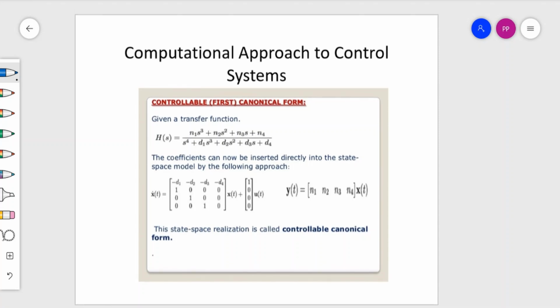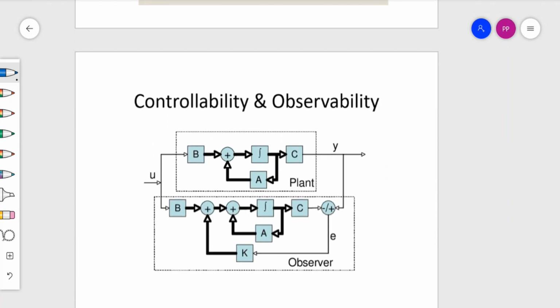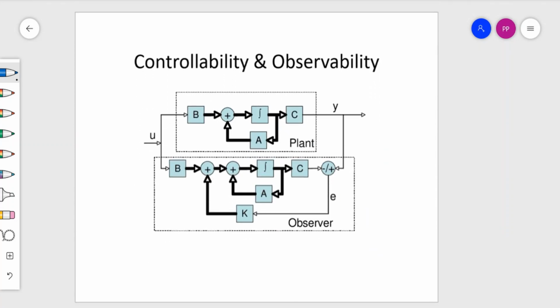Going further, we see two special applications of the approach towards computational solutions. These are controllability and observability, two important concepts among many concepts we are going to learn in this unit. Above you can see a block where it is written plant.